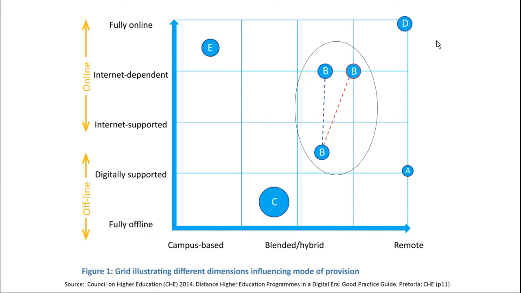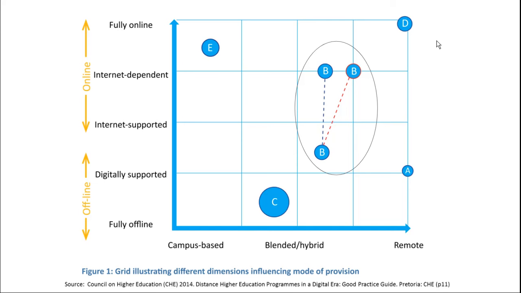And if we plot those, and Marianne put up the slide just now as well, it's very useful to see, if you plot these two as X and Y axes, where you could put your courses or your programs on this particular grid, and then think to yourselves, where do we want to go from here?